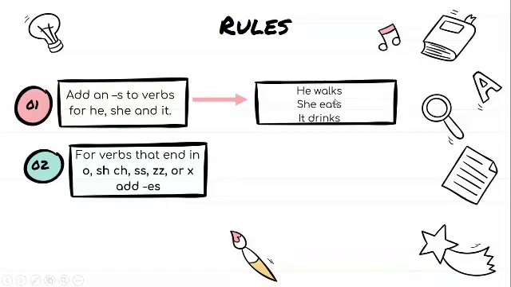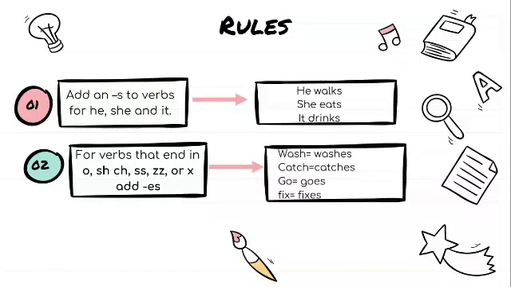Terminan en otras consonantes y lo único que nosotros vamos a agregarle es S. Pero cuando tenemos un verbo que termina en esas letras, por ejemplo, O, SH, CH y esas otras que tenemos ahí, tenemos que aprender bien que cuando un verbo termina en esas letras y lo estamos usando con he, she, and it, we have to add ES. Here we are going to see some examples.